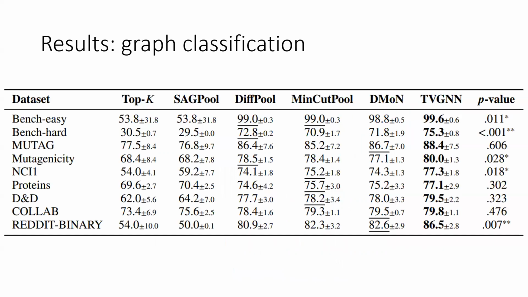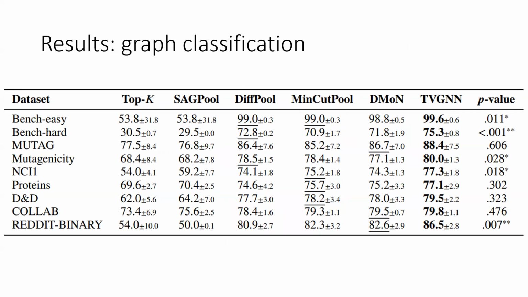To conclude, I briefly comment on the results on graph classification, where TVGNN is used to implement graph pooling. All the GNNs here have the same architecture, which is 2 blocks of message passing layer followed by a pooling layer plus a final readout at the end.